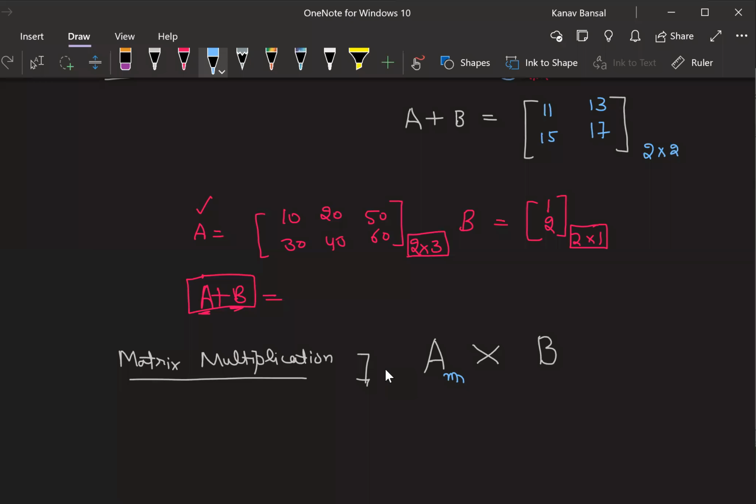If the shape of matrix A is M cross N, then B should be N cross something, and this something can be anything. The only thing is that N, the number of columns in A, and the number of rows in B should match. Is it making sense to everyone?